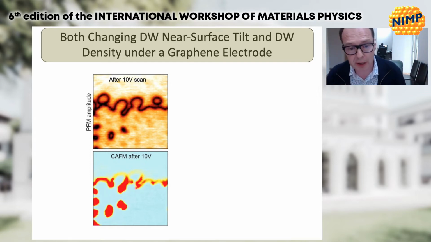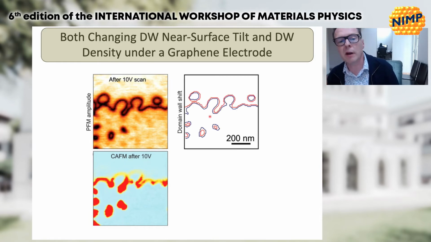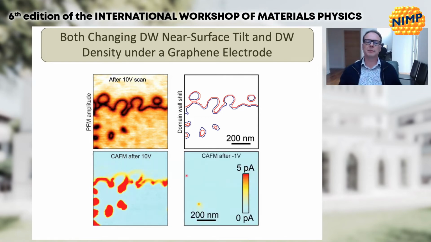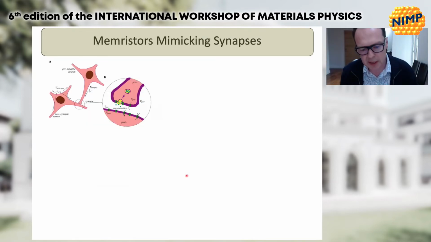So it's now conducting quite nicely after 10 volts being applied. And then you shut it down and the wall contracts back in because it becomes vertical near the top surface and the current disappears. So a nice illustration in the same system of the fact that both of these mechanisms for creating different memristive states are acting at the same time.